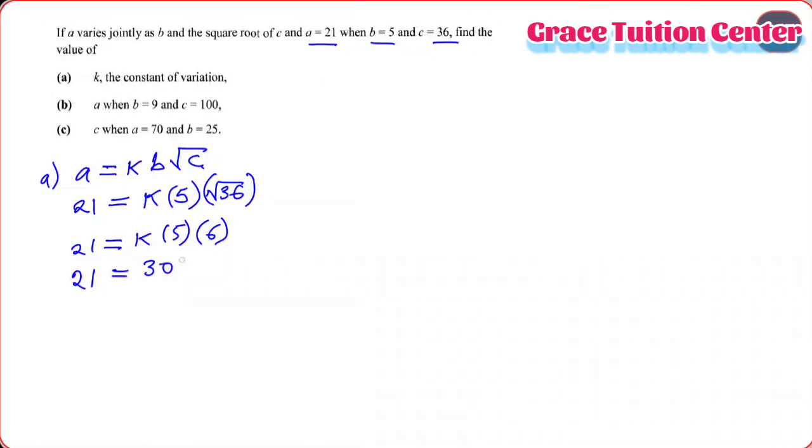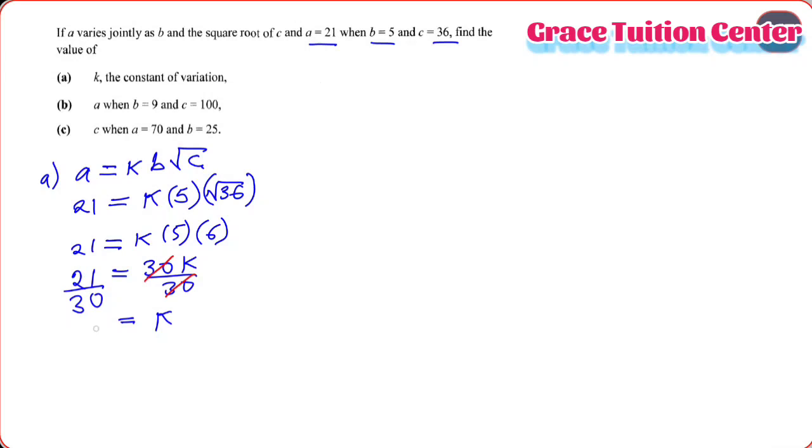So we have 30k there. So I can divide here by 30. I also divide here by 30. So clearly you can see this 30 will cancel that. So meaning that on the other side of the equal sign, I remain with k is equal to, well, 30 cannot go into 21, but there's a number that can go into 30 and 21, and that number is what? 3.